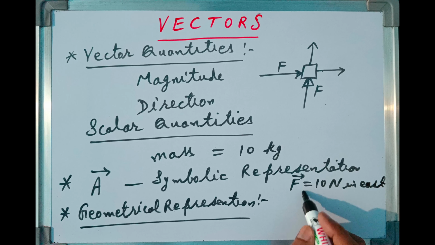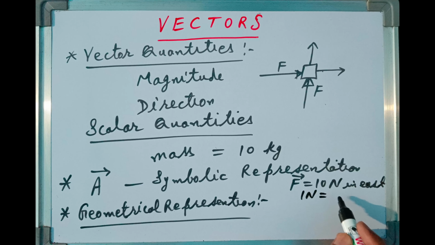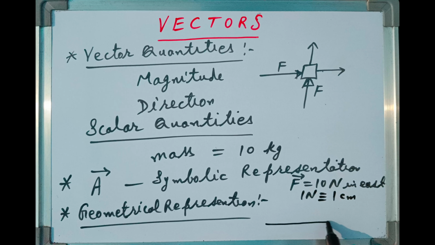Let me suppose 1 Newton is equivalent to 1 centimeter. What will I do? I will draw a line of 10 centimeter length, 5, 6, 7, 8, 9 and 10. This 10 centimeter length line represents magnitude of force, that is 10 Newton. And direction is towards east.